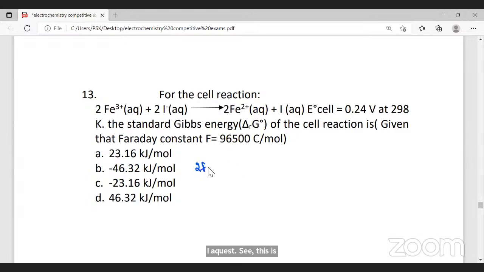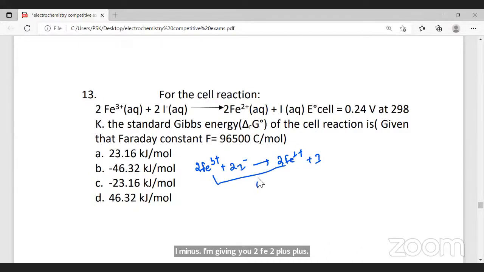We will write this equation 2Fe3+ plus 2I minus, giving you 2Fe2+ plus I2. So Fe3+ to Fe2+ is reduction. I minus 1 to 0 is oxidation. So iodide is getting oxidized, and iron is getting reduced.